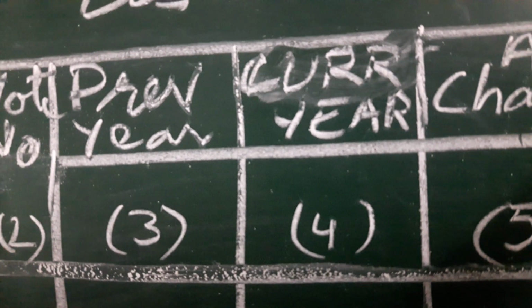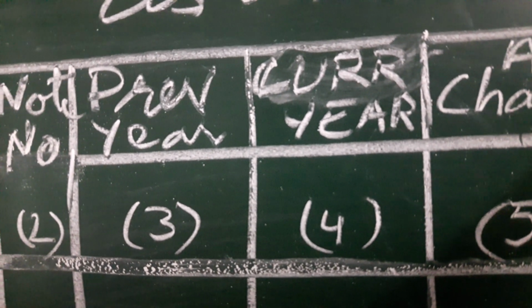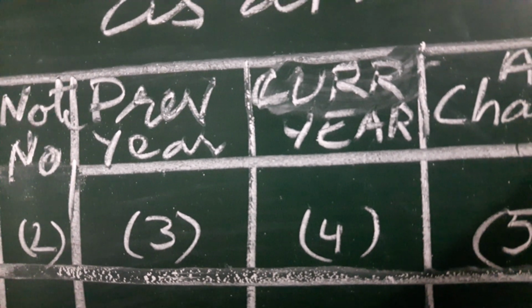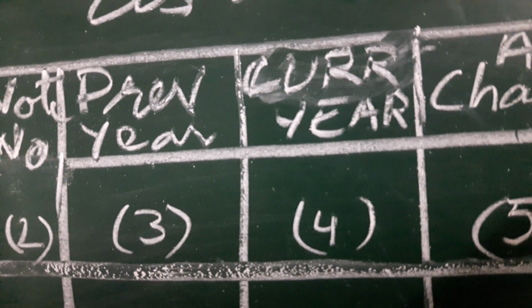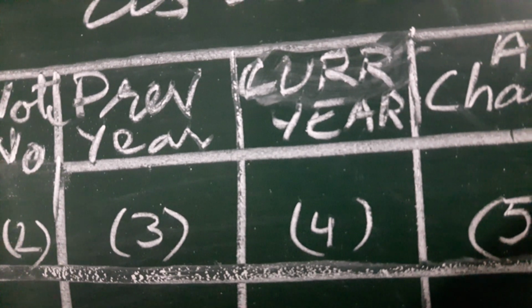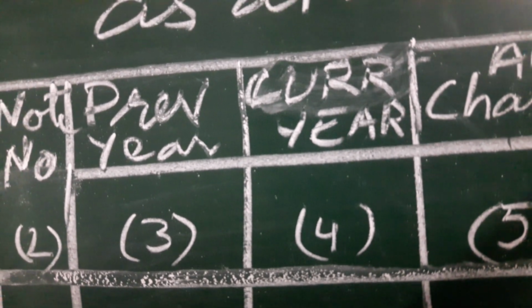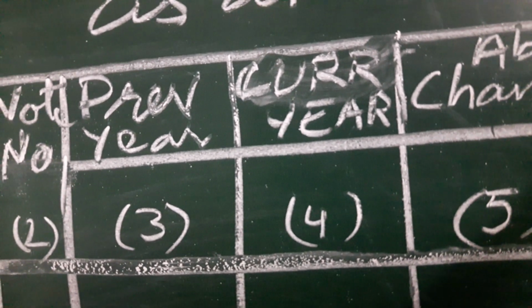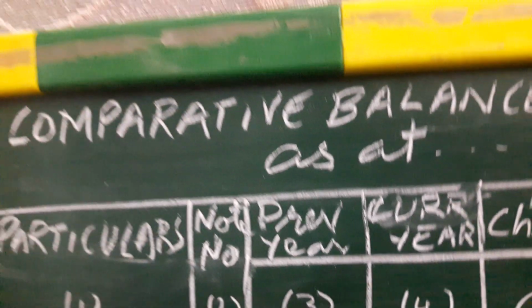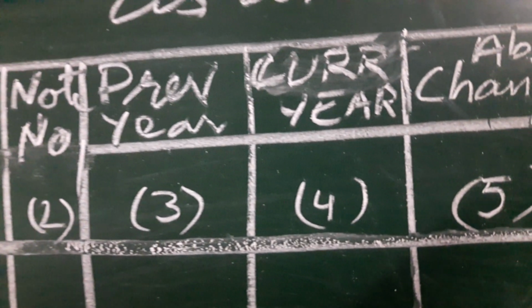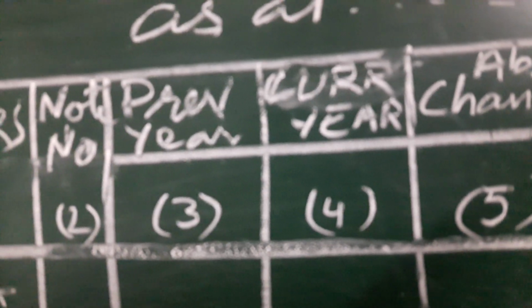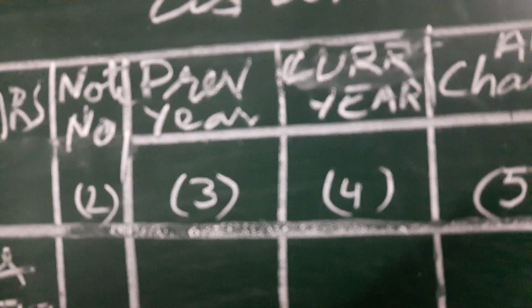Then comes, remember, this is important. What will come first? Previous year will come first and current year will come later. In the question, it will be given in reverse order, most of the time. That is, the actual format is current year and then previous year. So when you are preparing a comparative balance sheet, you will first put previous year and then put current year. This is a common mistake that children make.